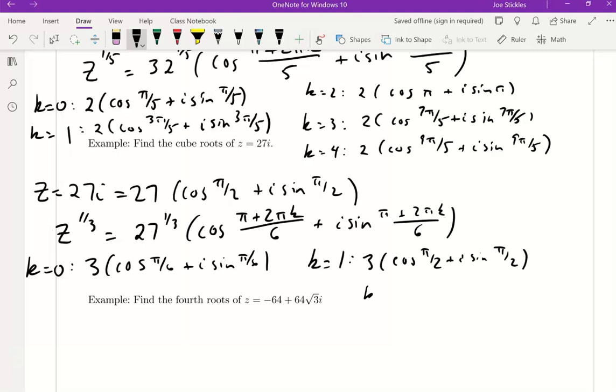And if you plug in 2, you get 3 cosine of 5 pi over 6 plus i sine of 5 pi over 6. Did I do that right? And those give you the cube roots that you want.